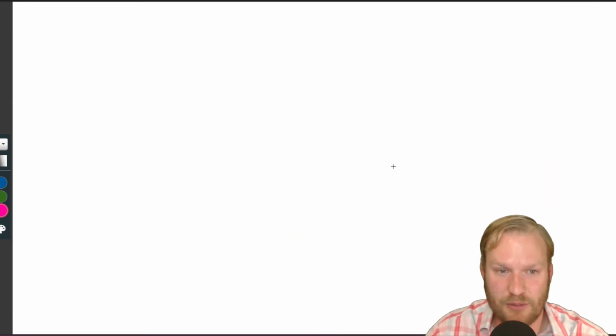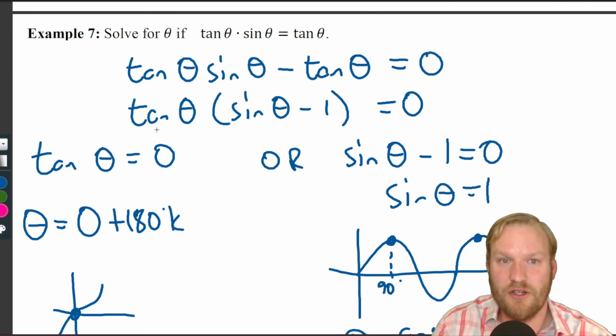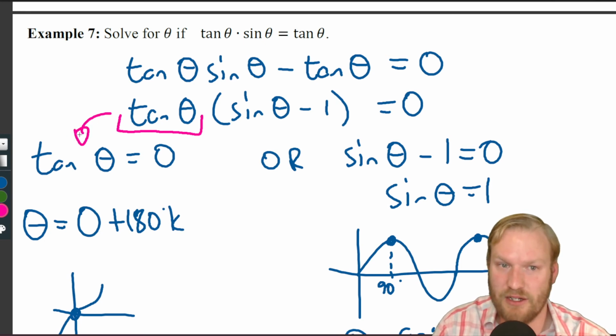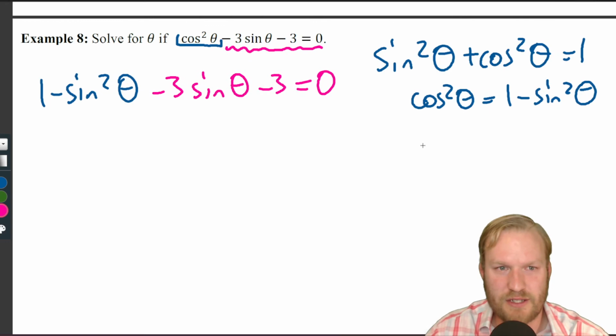In our second example, we didn't ever look at tan and sine at the same time. What we did was rearrange and do some magic so we could just look at tan theta and get a solution, or we could just look at sine theta. So with that concept in mind, what we're saying here is we don't want cosines and sines.